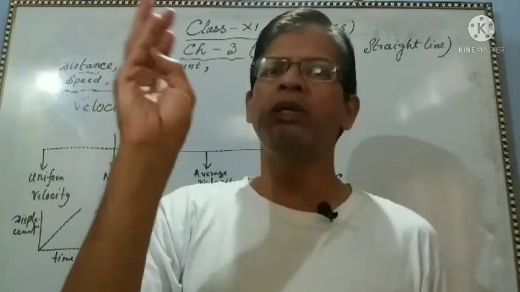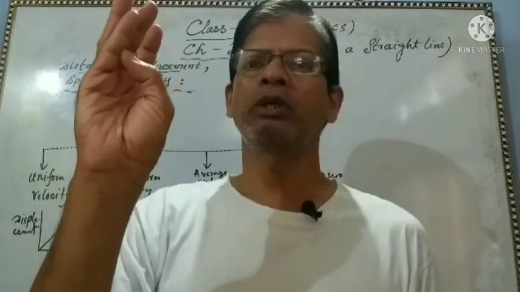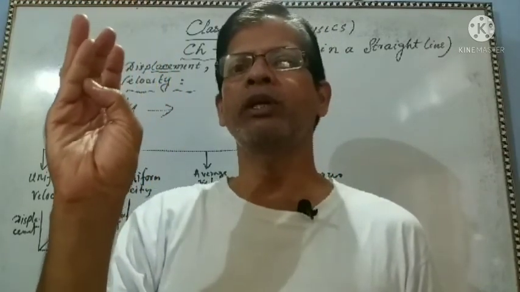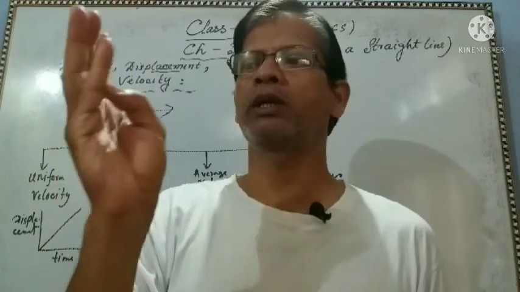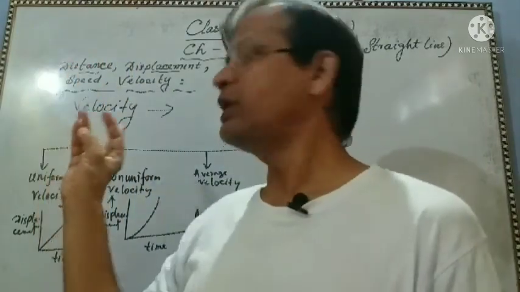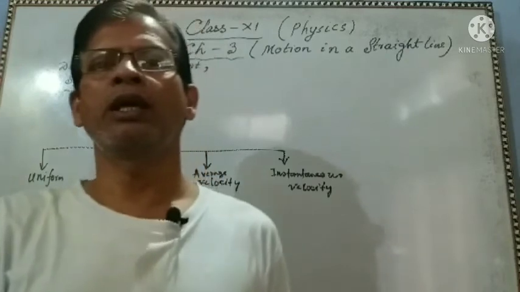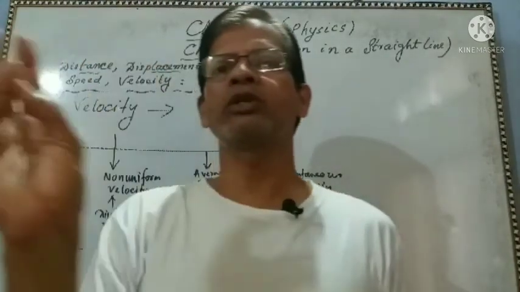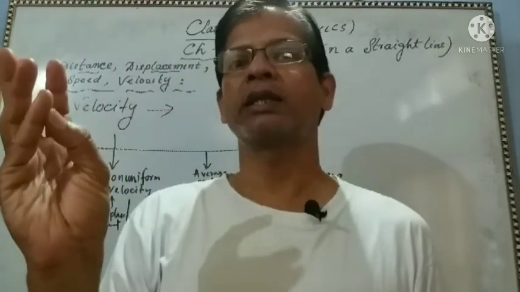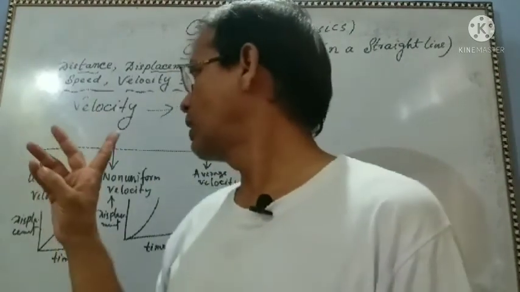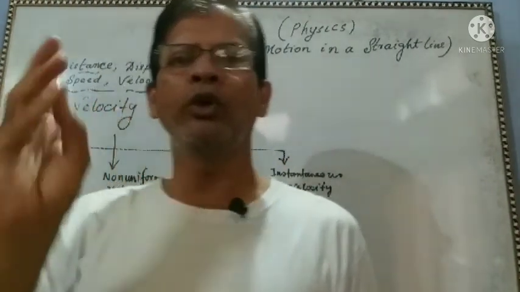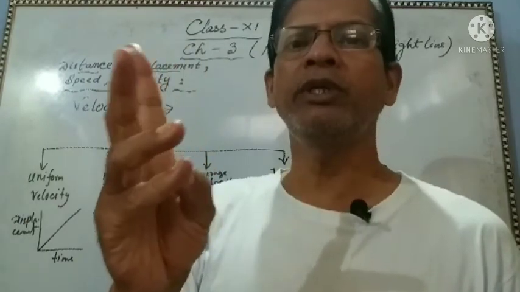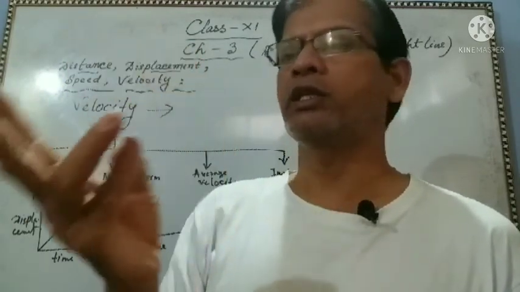It is positive, negative or zero, but it does not depend upon the path followed by the object. And speed is a scalar quantity because it does not depend upon direction, and it is of types uniform speed, non-uniform speed, average speed and instantaneous speed.